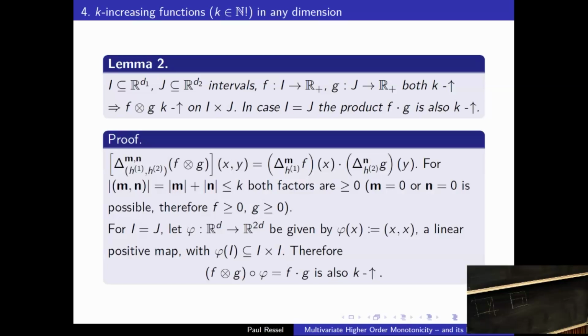Well, the proof at the end, maybe that's of interest, because here I used, in fact, such a linear positive map, namely sending R^d to R^2d simply by duplicating, phi of x is (x, x). It's a linear positive map, and obviously phi of I is in I times I, it's a diagonal, and therefore the tensor product composed with this phi, that's the product, is also okay.